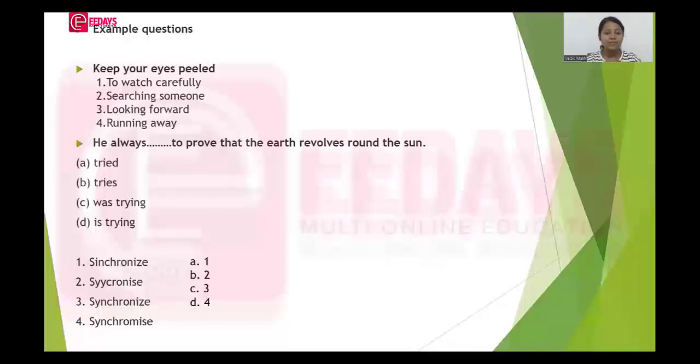Look into the second question. He always dash to prove that the earth revolves around the sun. Now this question is based on tense. Here the verb try must be modified. The word always states that he regularly has this thought to prove that the earth revolves around the sun.